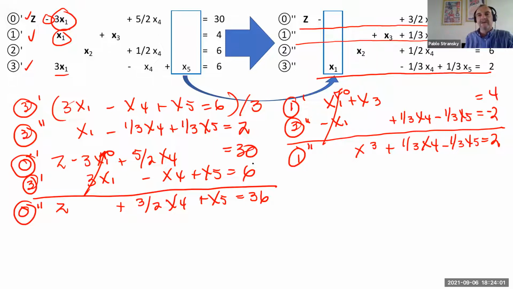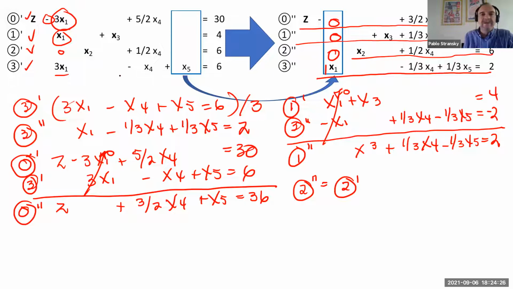Nice. And the last one, here we don't have an x1. That means it's already 0. So we can say that my equation 2 double apostrophe is equal to my equation 2 apostrophe. It's exactly the same, it stays the same. And now I got here the 0, 0, 0, 1 pattern through Gaussian eliminations.